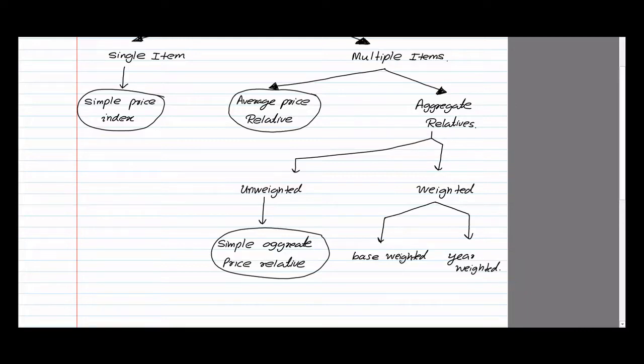The base weighted one we call the last year index. The year weighted one is partial.